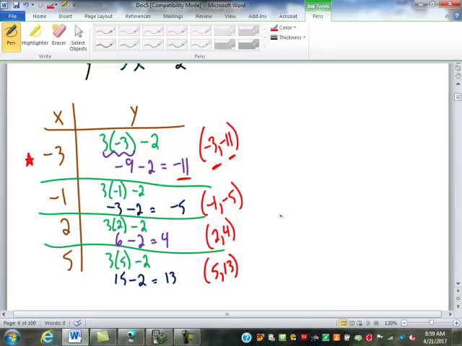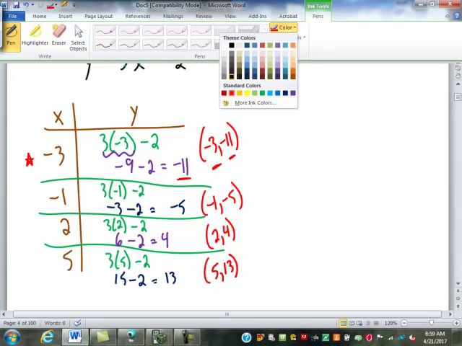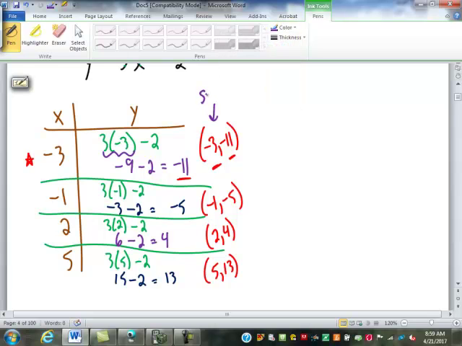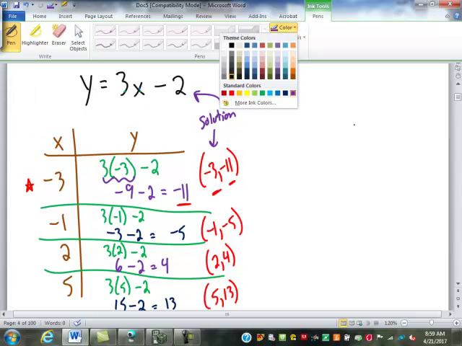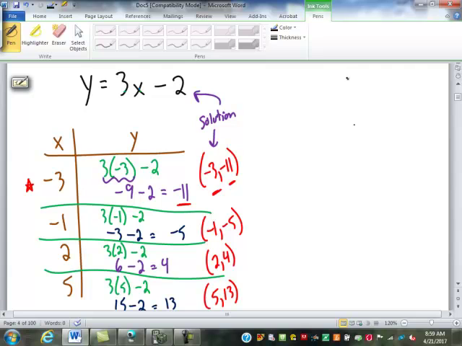There's an infinite number of them I could make. So I can't possibly list out all of them. But each one of them is a solution to this equation. If I put -3 in for x, I will get -11 for y. So the way I represent those solutions is I now come back to this graph.